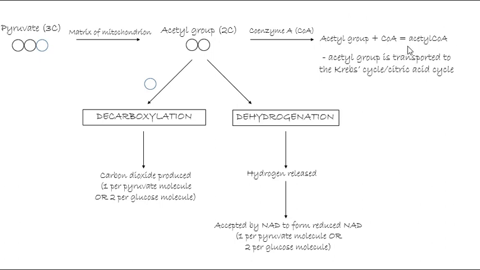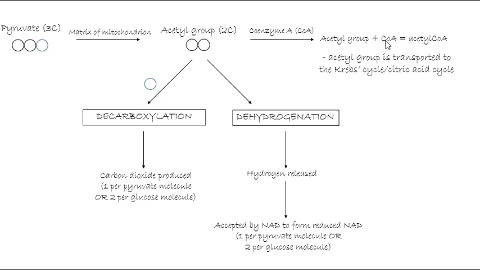And after this, the coenzyme A transports the acetyl group to the Krebs cycle, or the citric acid cycle. Now we will be learning about the Krebs cycle in our next lesson. So this is it for the link reaction.